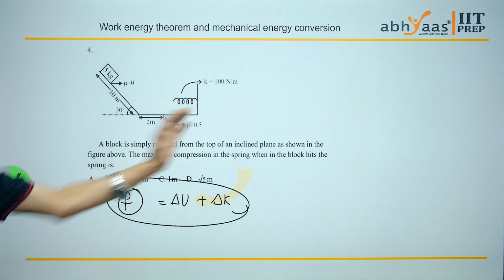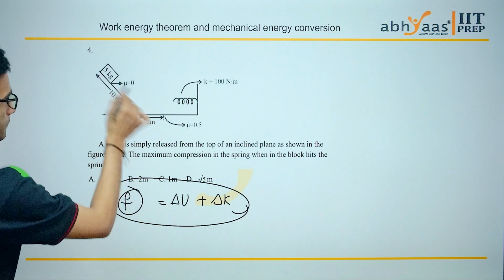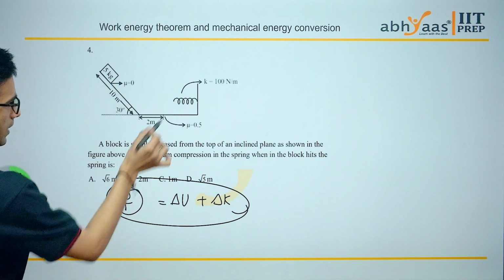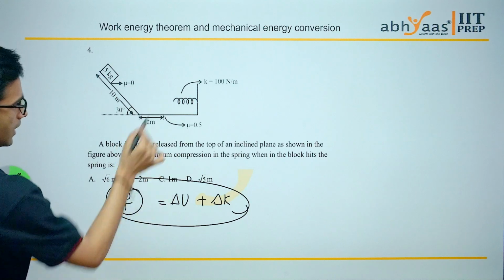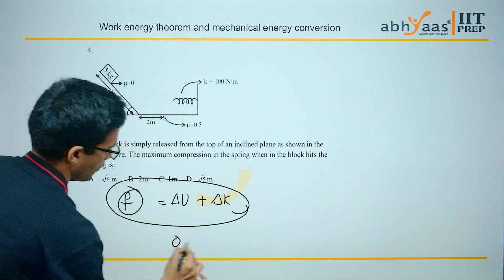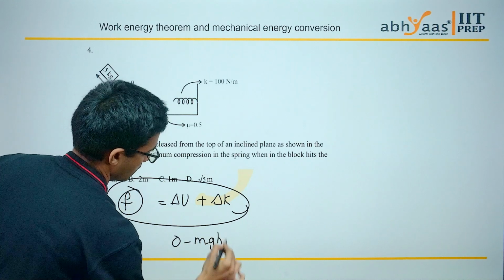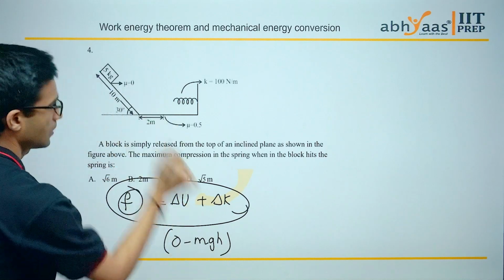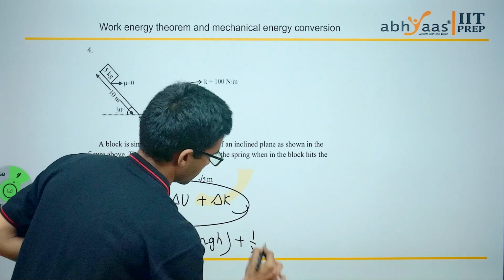Initially there is nothing, but here it is moving like this: 0 minus mg into distance s, plus half kx square.